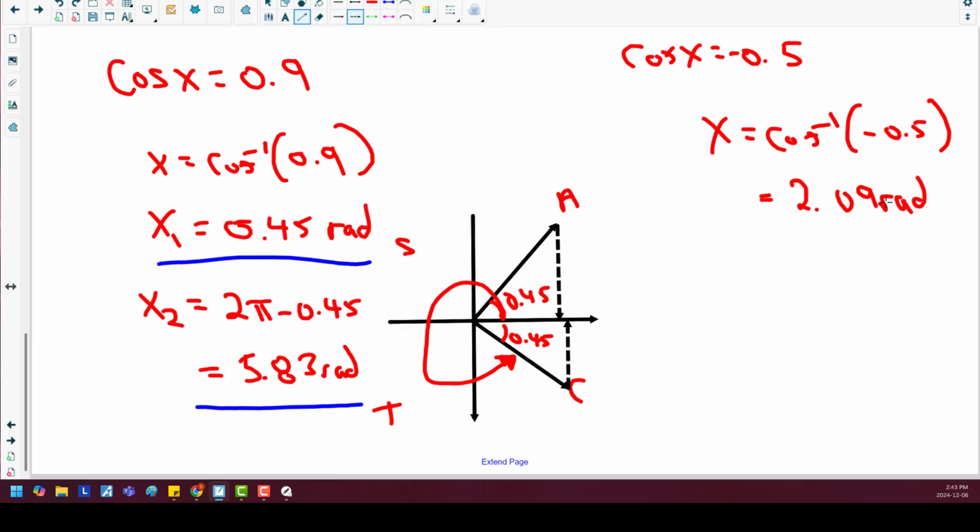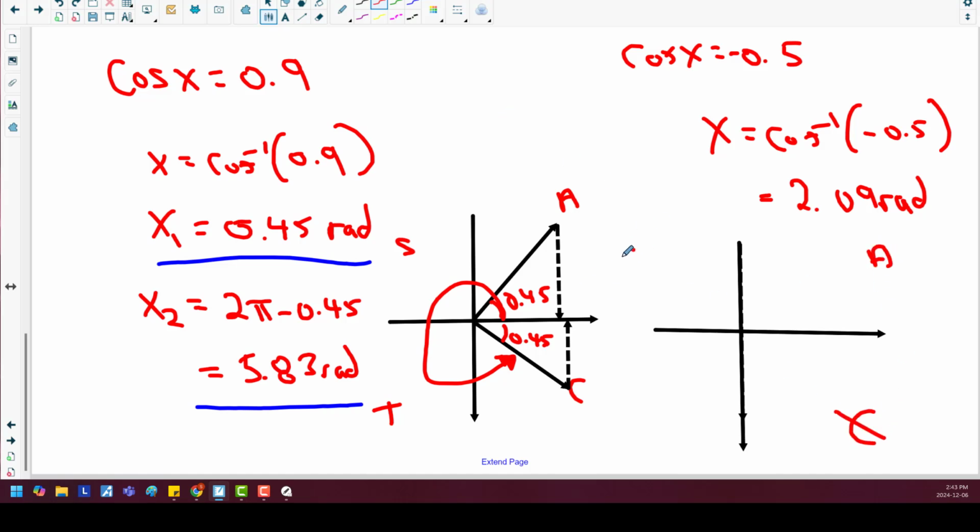So which quadrant is this in? Well, let's think about that. Which quadrant should I expect it to be in? The ratio in this case, cos x is negative. So if you're using our CAST rule, I expect my terminal arms to be in not quadrant 1, not quadrant 4, but quadrant 2 and quadrant 3.